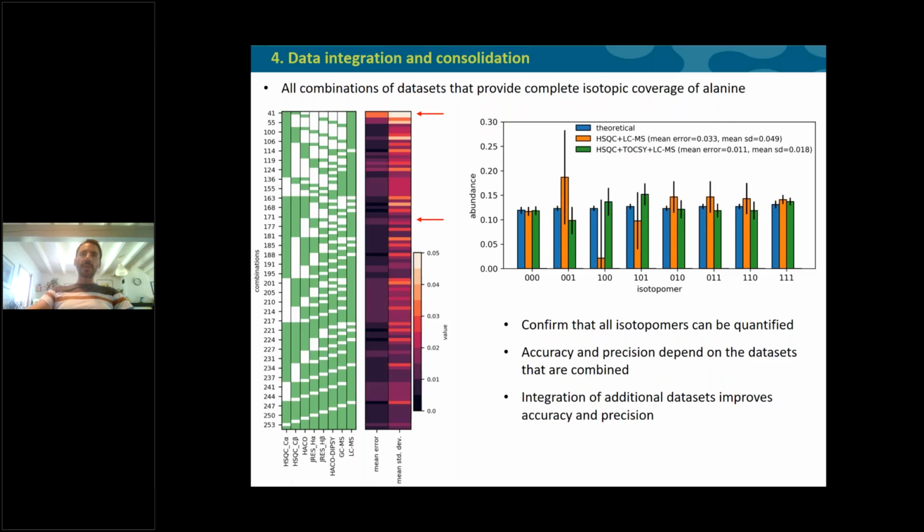When we add another data set coming from another experiment, we strongly reduce the error and we improve the accuracy of the quantification. And when we combine all the data sets together, this is the situation where we have the highest accuracy and the highest precision, with the mean error below 1% and the mean standard deviation just about 1%.